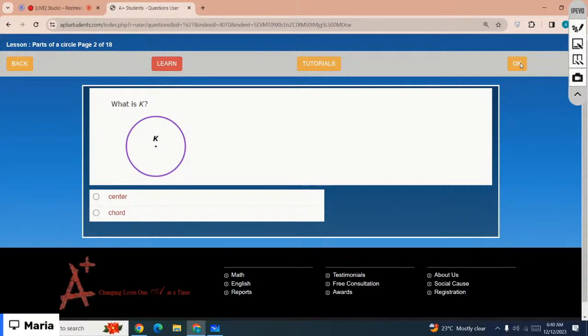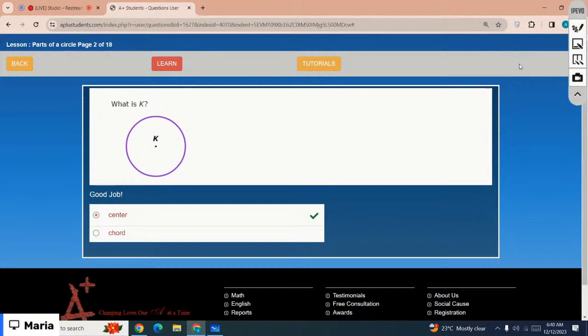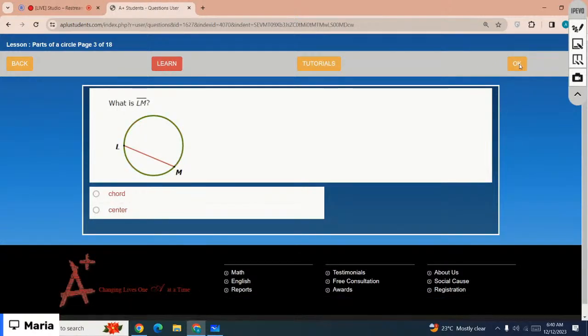Yes, that is the center. K is the center of the circle. What is LM? Is it chord or center?